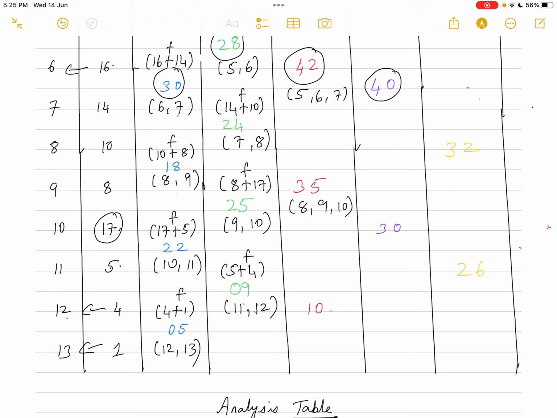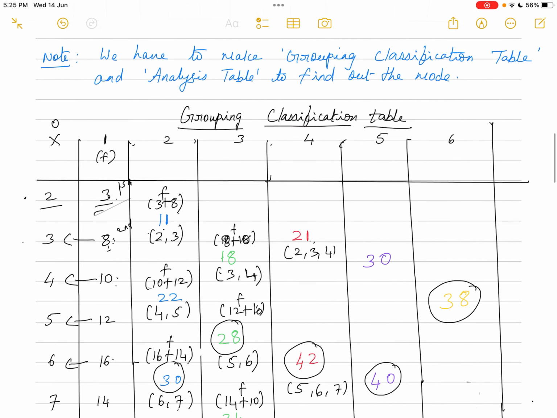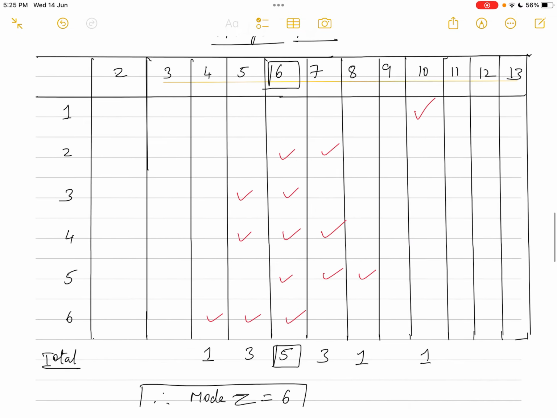So finally the last 3 rows are left, that is 5 plus 4, 9, 9 plus 1, 10. So that's what we are getting, 10 here. So what is the corresponding x value here? Corresponding to 5 is 11, corresponding to 4 is 12, corresponding to 1 is 13. So this is 11, 12, 13.